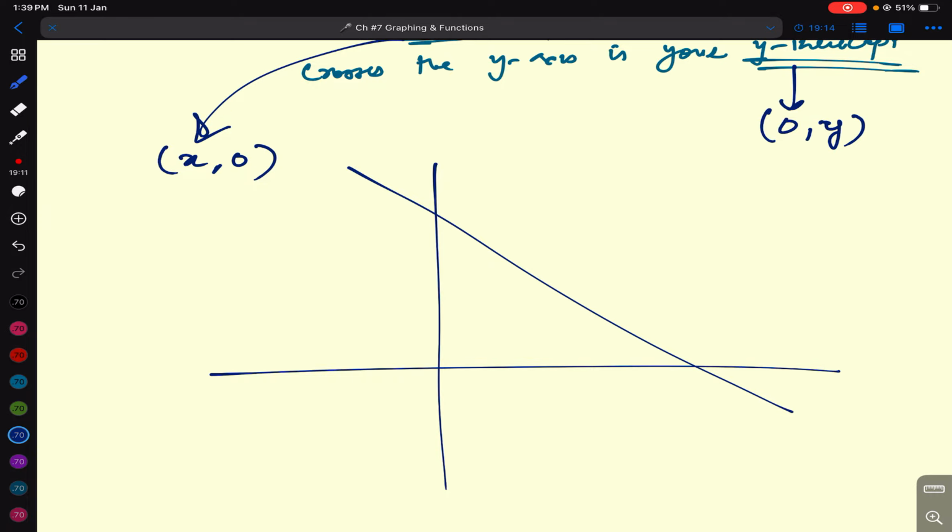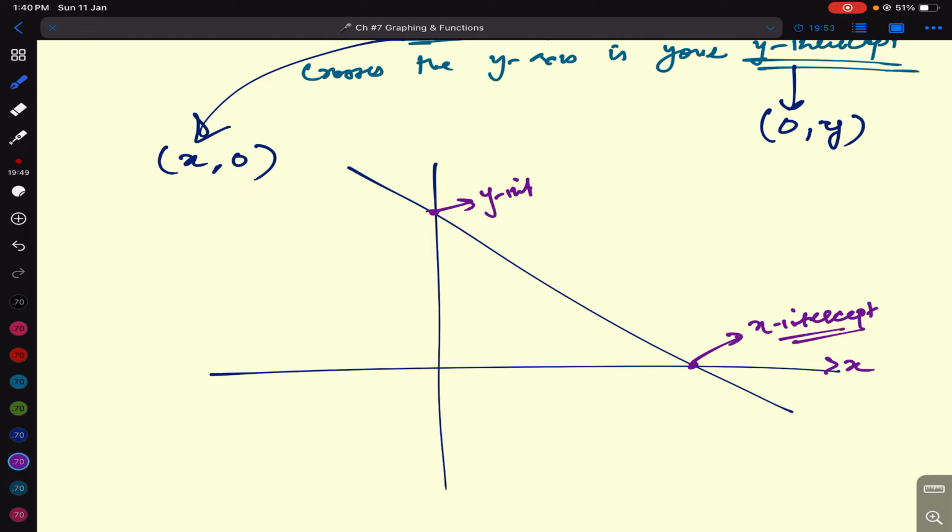Where the graph meets the x-axis becomes your x-intercept, and where it meets the y-axis becomes your y-intercept. I hope that makes sense.